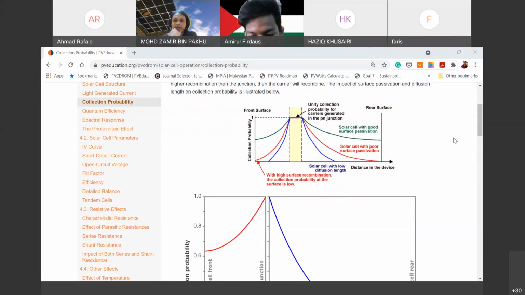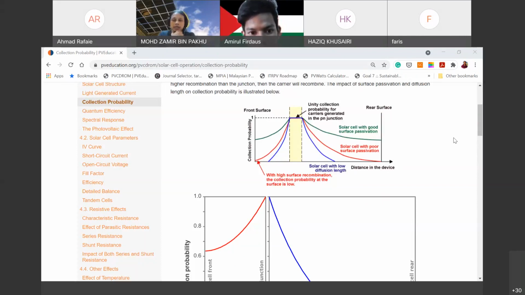Remember about the surface recombination velocity, SRV? When you want to have a low surface recombination velocity in order to avoid the carriers from rushing to the surface to recombine. Okay, we want to have a low SRV instead of high SRV. Low SRV means low surface recombination. High SRV means high surface recombination. The unit is centimeter per second.